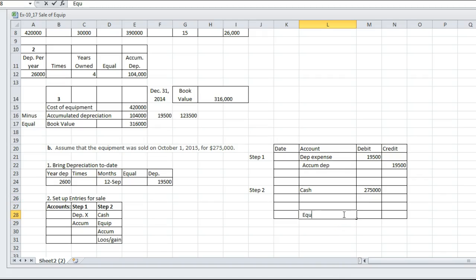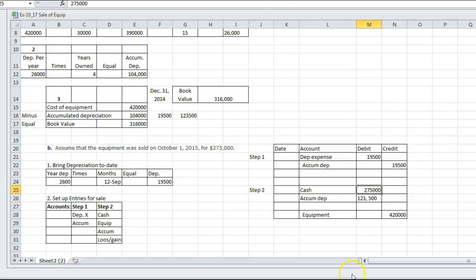So the next thing I have to do is get the equipment off the books. And it's on the books at $420,000. So that becomes a credit down here. We have accumulated depreciation associated with it, right? And that's $123,500.